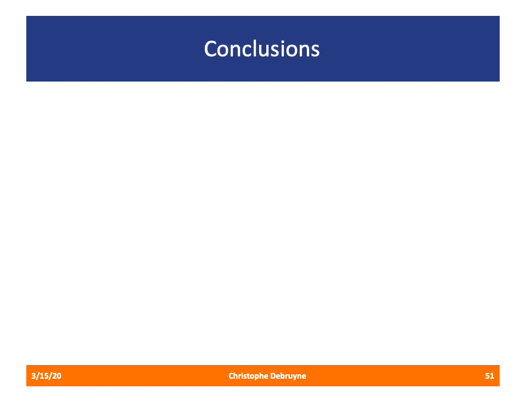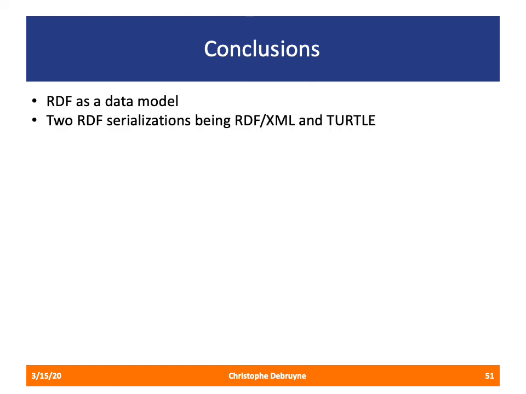Now, to conclude, what did we cover in this first part on RDF? Well, we've seen that RDF is an abstract data model allowing for the creation of distributed knowledge on the web. We've covered mainly 2 serializations, being RDF XML and Turtle. We've seen different types of resources.